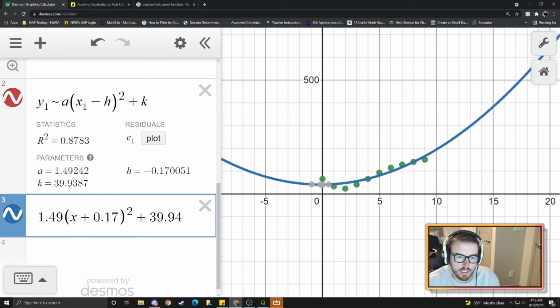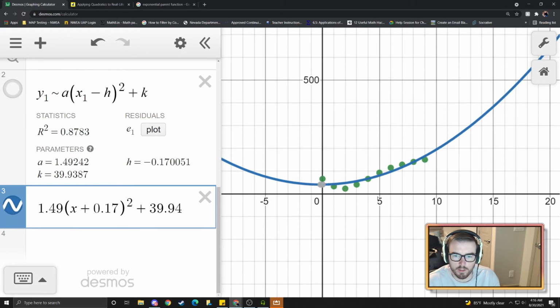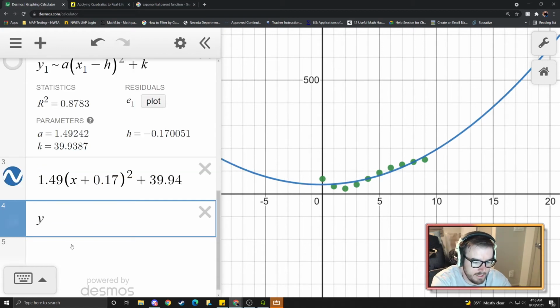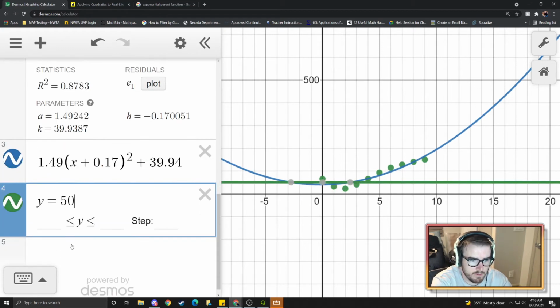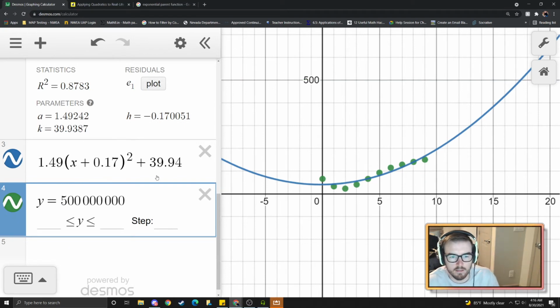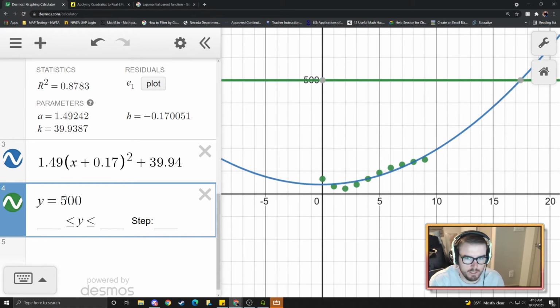And we want to know, when is this going to equal 500? Well, if we plot the line y equals 500, okay, the numbers are messing with me, right? So it's 500 million, but the number 500 represents 500 million.